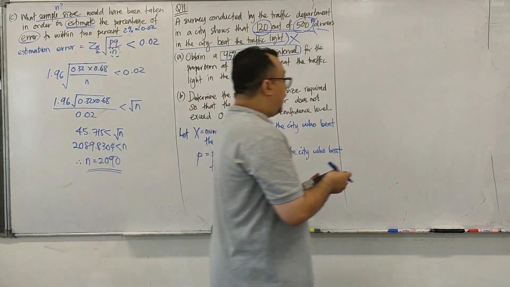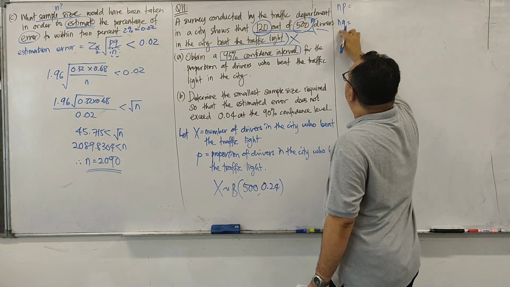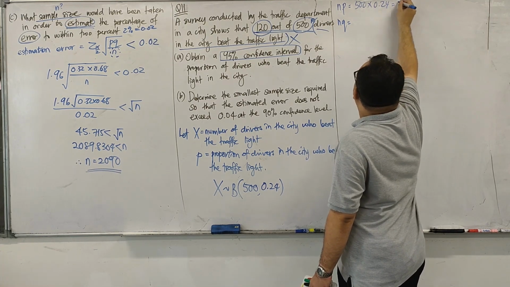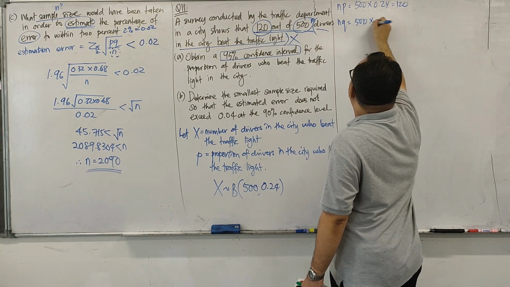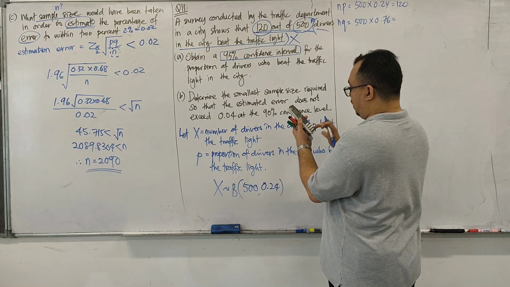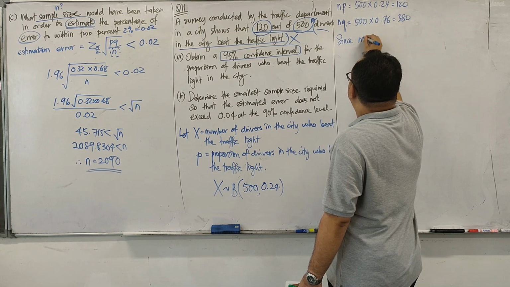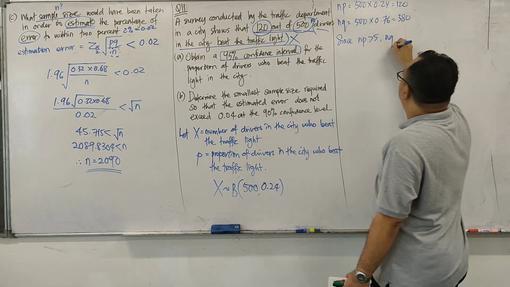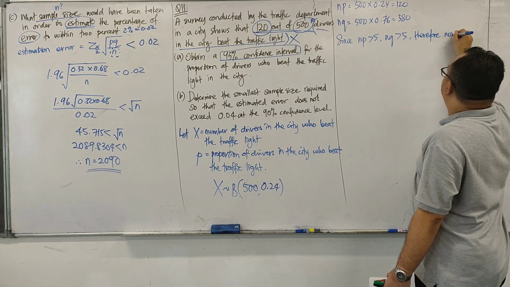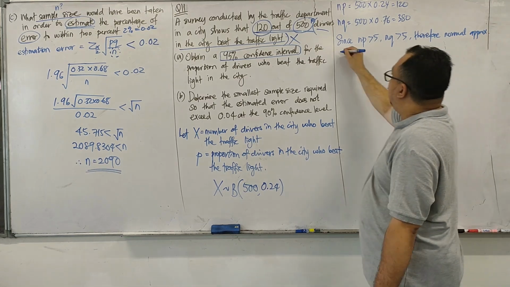Okay, so step 1 done. Step 2, I must check np and nq. np saya adalah 500 times 0.24, which is 120. nq is 500 times 0.76, which is 380. And then kita tulis conclusion. Since np more than 5, nq more than 5, therefore normal approximation can be applied.